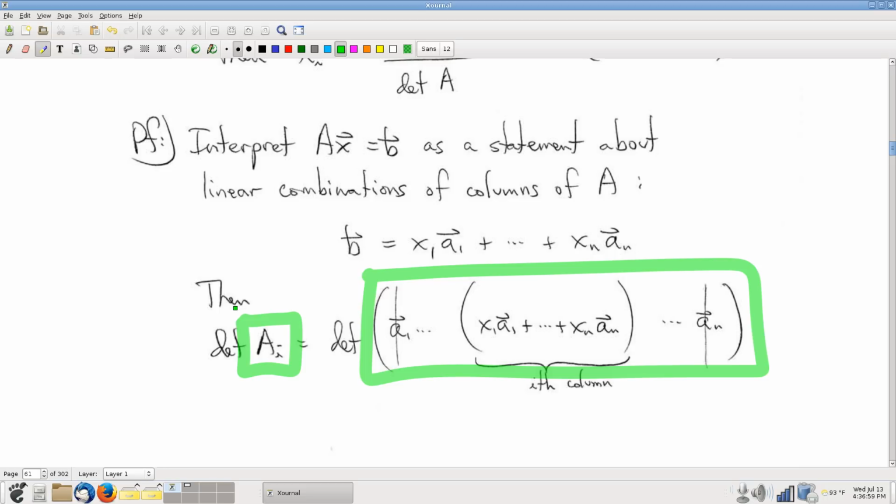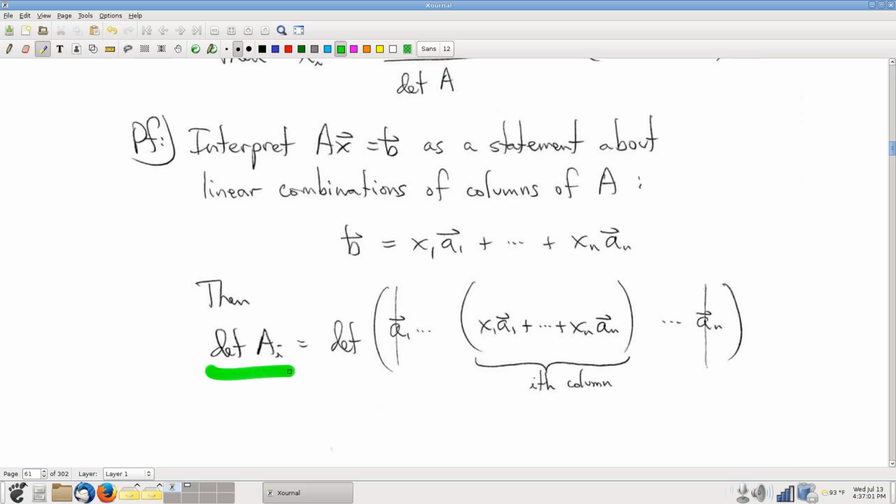Okay. So in our computation of the determinant of A_i, which is going to end up being fruitful, we find ourselves taking the determinant of a matrix that has a linear combination in one of the columns. Well, now this just begs for us to apply multilinearity. Right?